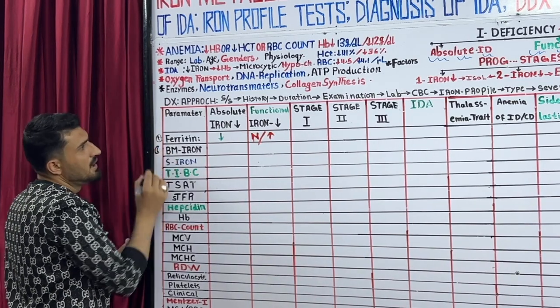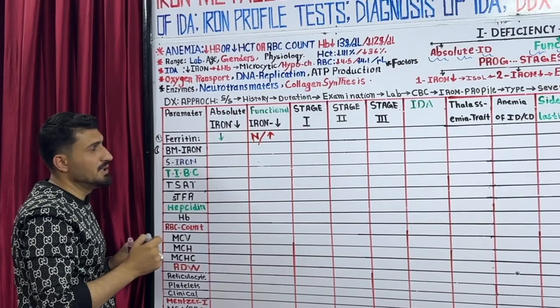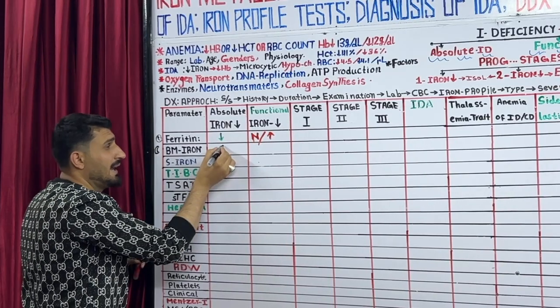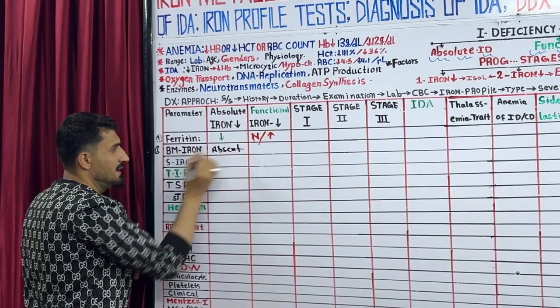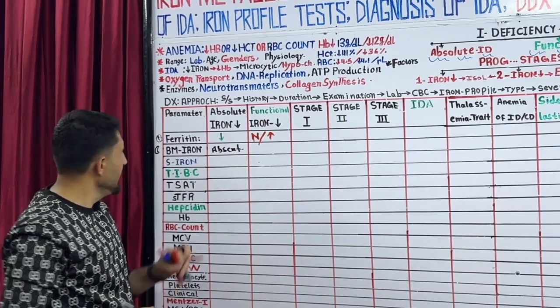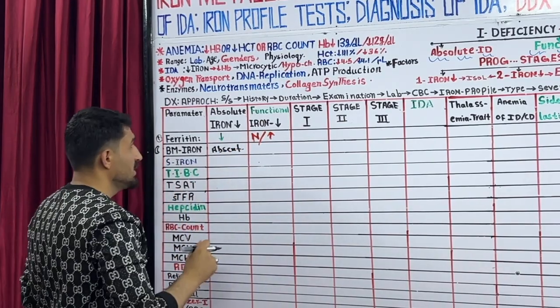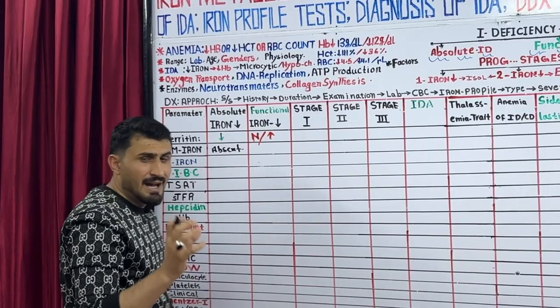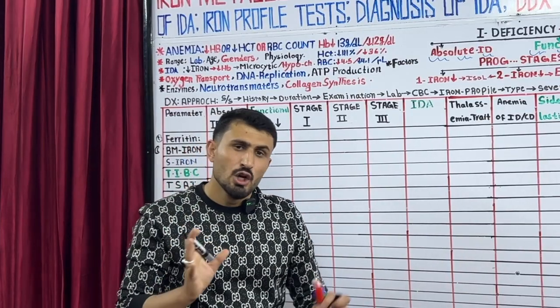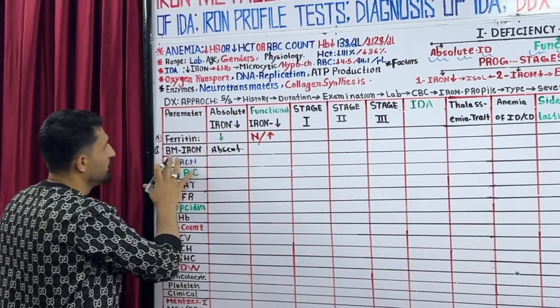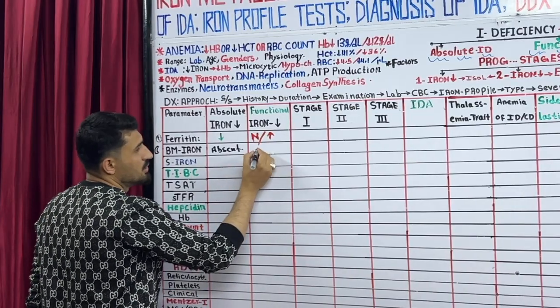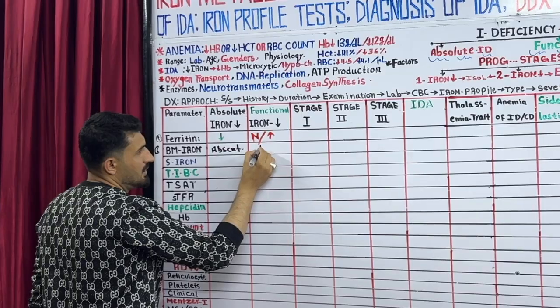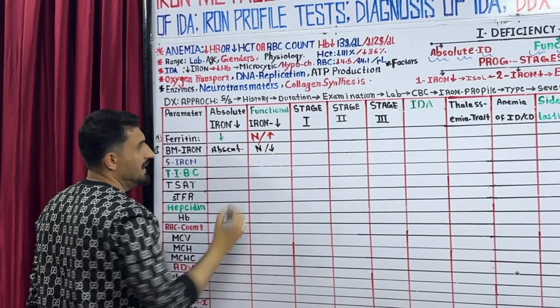But anyway, in absolute iron deficiency anemia we don't have enough iron, so it will be absent inside the bone marrow. But in functional, we have enough iron to be provided to the bone marrow for erythropoiesis, so it might be normal or it might be less.